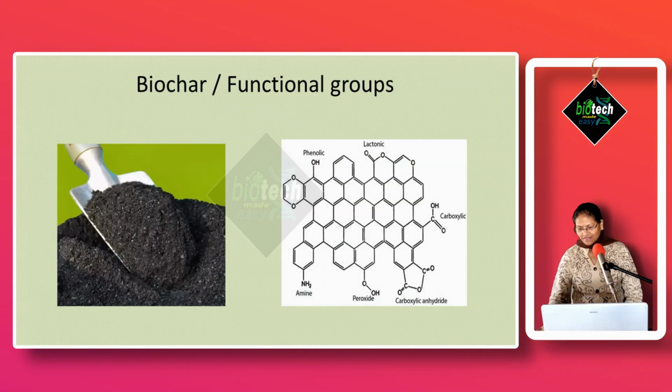Now you can see in the first diagram this black powder-like structure. This is actually biochar when it is formed after pyrolysis. And in the second one you can see different types of surface functional groups like carboxylic, peroxide, amine, phenolic.